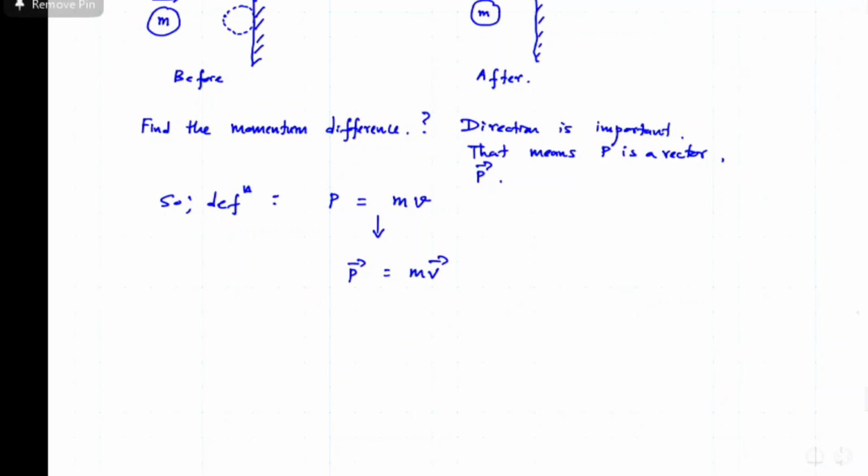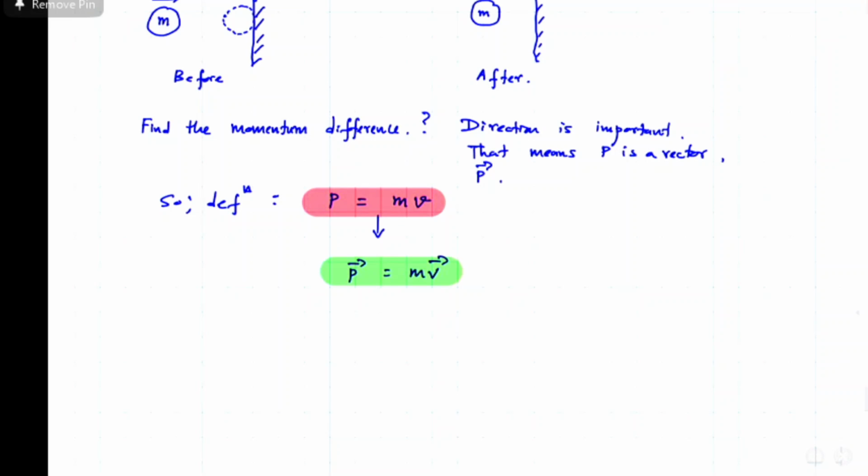Now, if you are a specialist student, you will see it's bloody easy, right? M is a scalar. A scalar times a vector is going to be a vector. But for physics, you don't need that one.